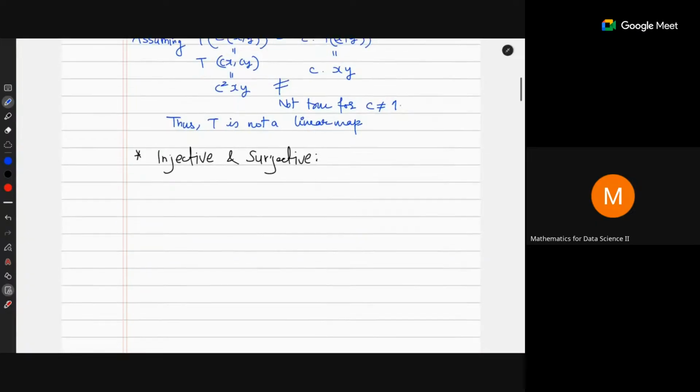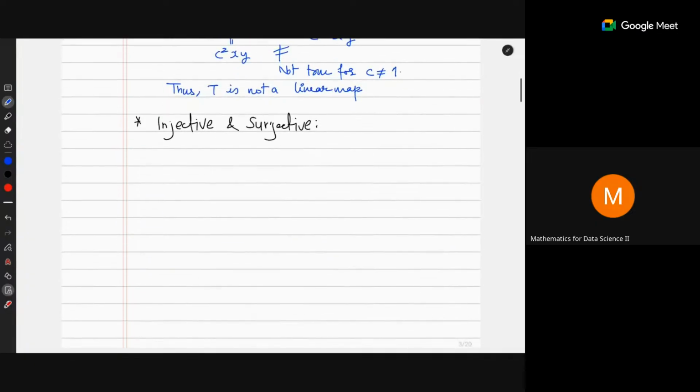All right. So what is injectivity? Can anyone recall what is injectivity and what is surjectivity? For injectivity, if f of x1 is equal to f of x2, then x1 should be equal to x2. That is the case. All right. What about surjectivity?